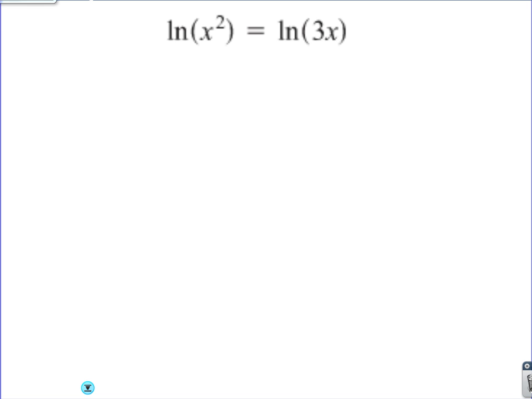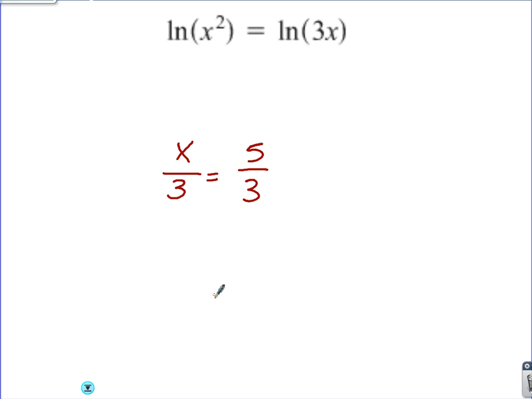Another, probably the easiest one of them. Since logarithms are one-to-one functions, meaning each x has a unique y, each y has a unique x. Here's what you can do. Let me relate this to a different type of equation. x divided by 3 equals 5 divided by 3.